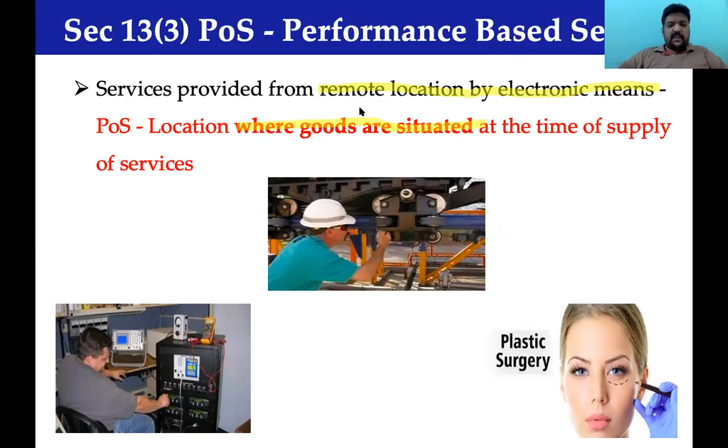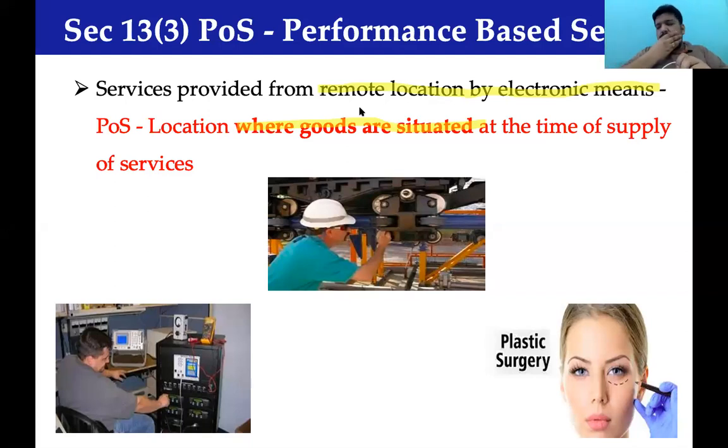Infosys has a contract with British Telecom to maintain British Telecom's server. The British Telecom server is located in the UK, in one particular area. Will any person go there and do some corrections?